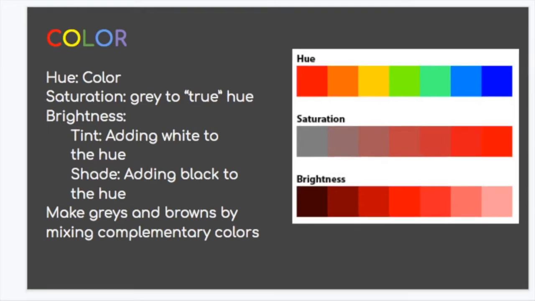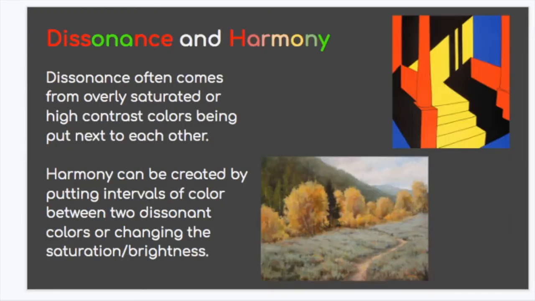So another important thing to keep in mind when it comes to choosing colors for a color scheme is dissonance and harmony. So for a really quick visual on what dissonance and harmony is, I made dissonance and harmony in my cute little title for this slide.